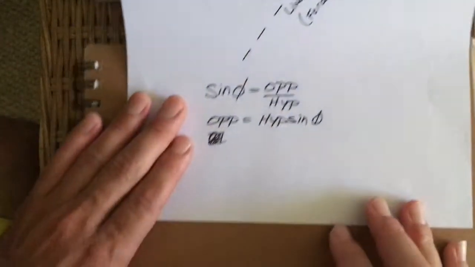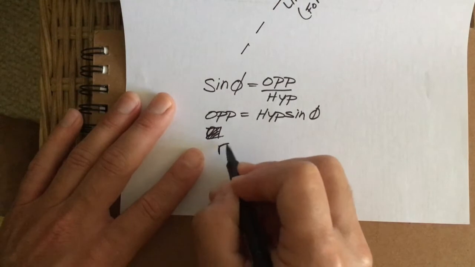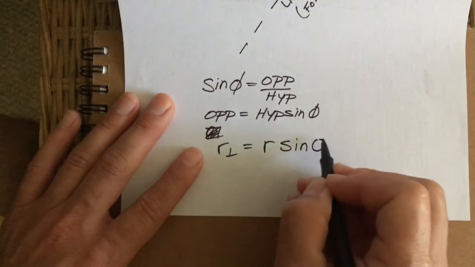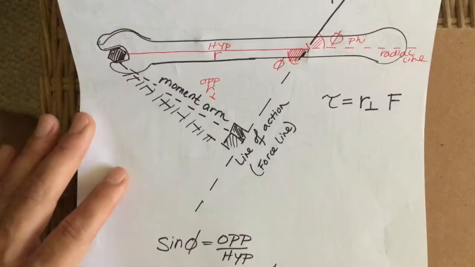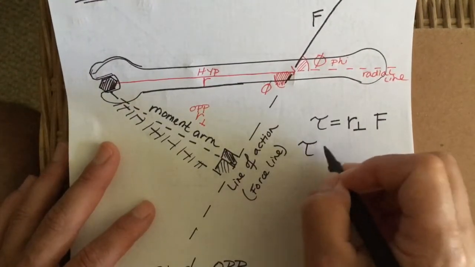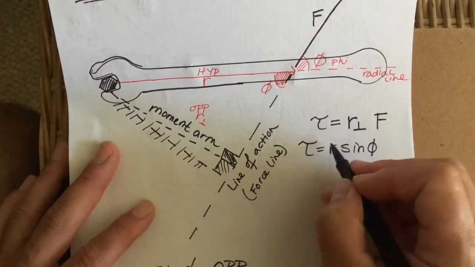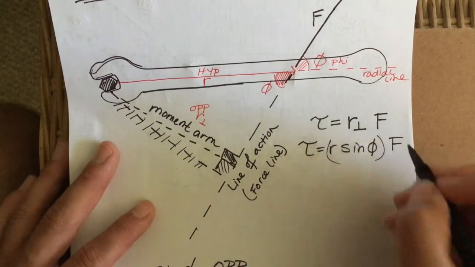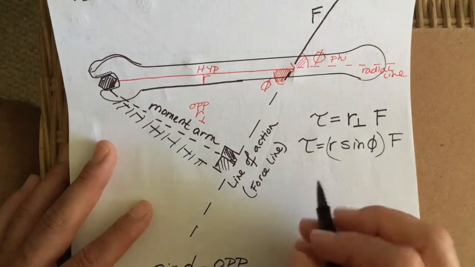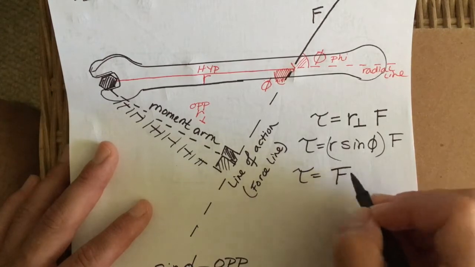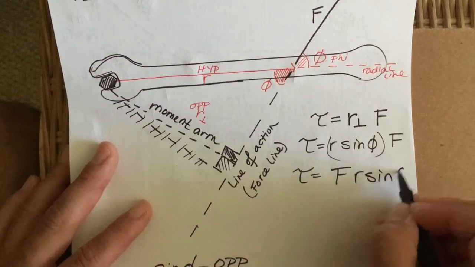R perp is equal to R sine phi, right? Okay, so taking this and subbing it in up here, we can see that torque is equal to R sine phi times F, right? And I can rearrange that and rewrite it one more time. Torque is equal to F times R sine phi.